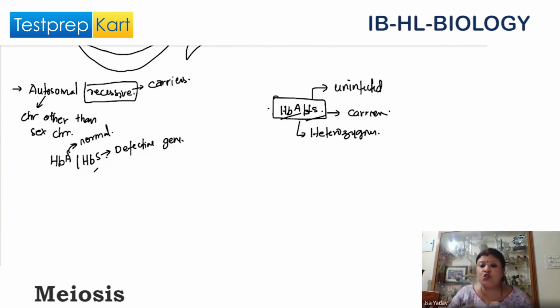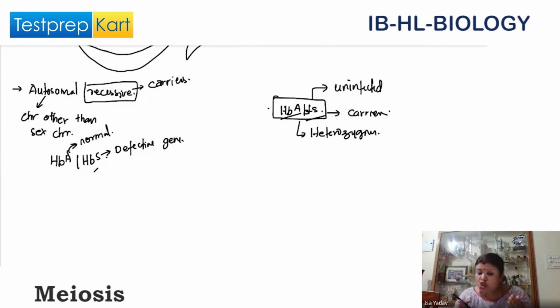So we can call this individual a carrier. That means he or she will not show the disease, because they have one normal allele and one affected allele, both present together.